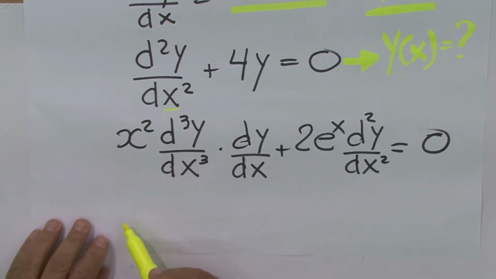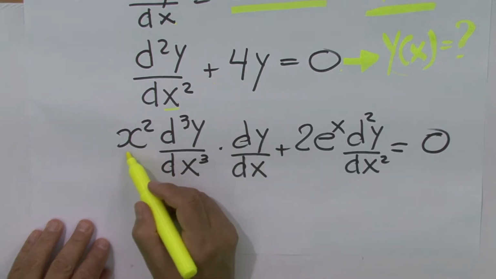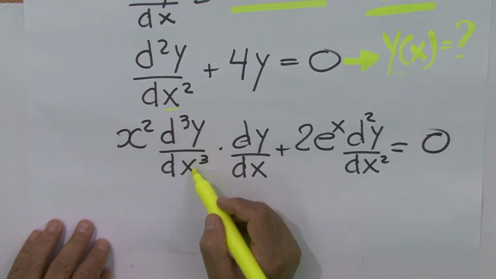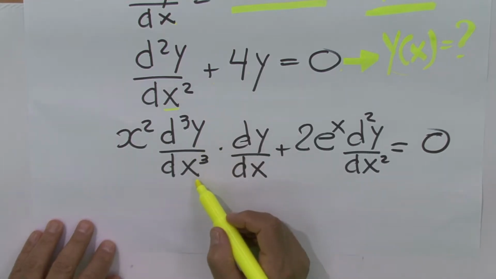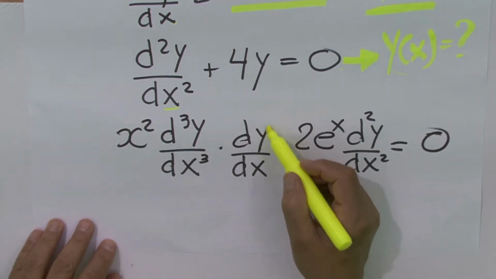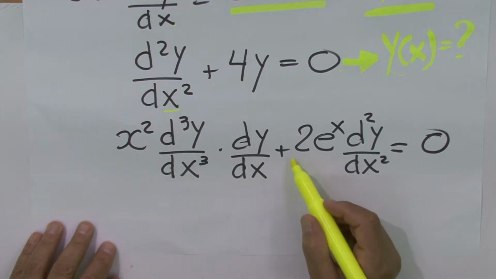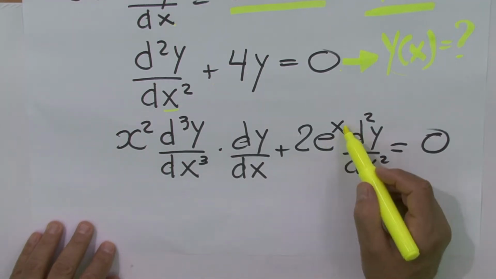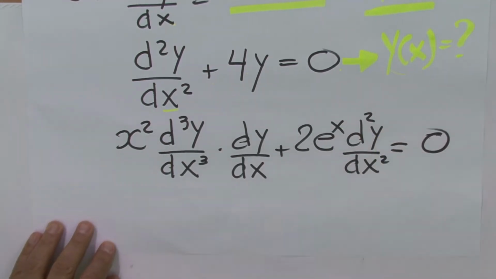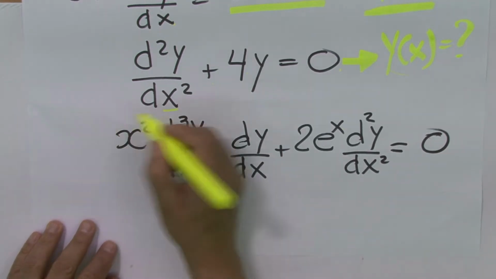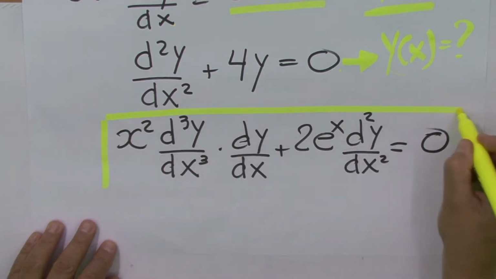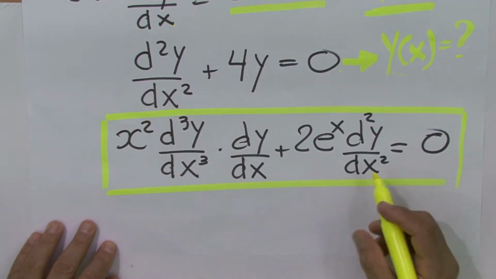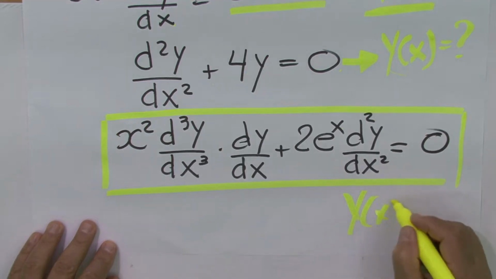Here is an equation that says that if I take x squared, multiply by the third order derivative of y with respect to x, times the derivative of y with respect to x, plus 2 times the exponential of x, times the second derivative of y with x is 0. This is an expression. It should be valid for any x. Again, what is the y of x for this situation?